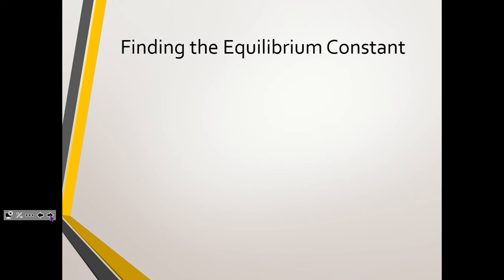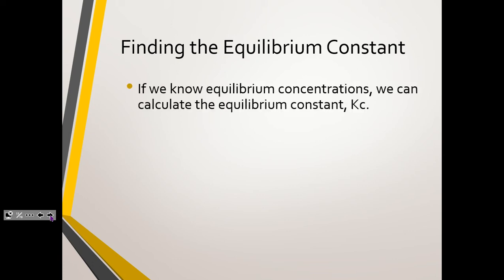Okay, so what if we know the concentrations? If we know the equilibrium, and this is key, they have to be equilibrium concentrations, we can calculate the equilibrium constant Kc.